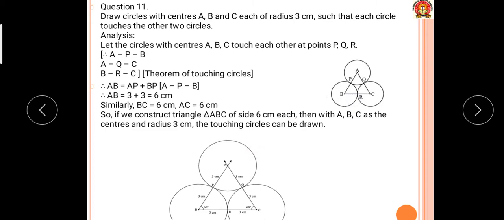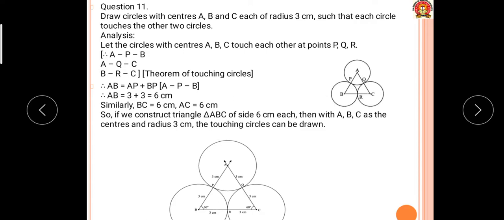Now by the theorem of touching circles, AB is equal to AP plus BP. AC is equal to AQ plus QC. Okay, so what is AB? AB is 3 plus 3, 6 cm.